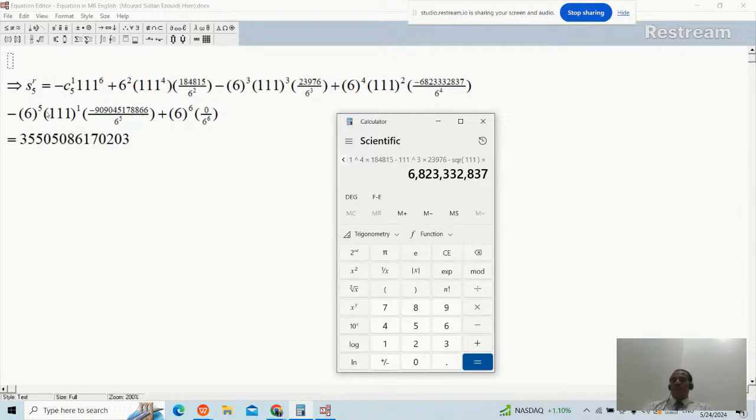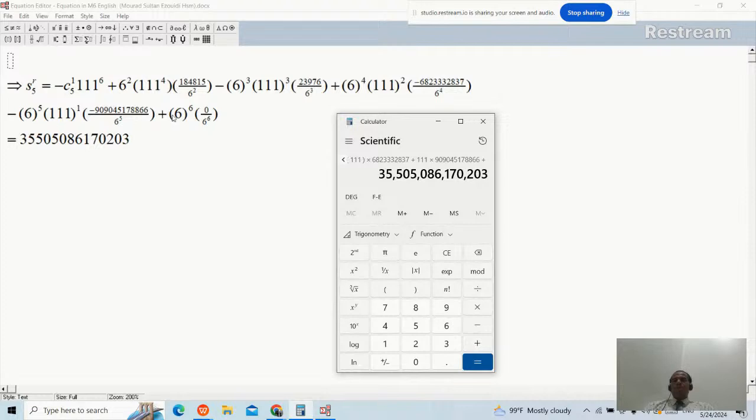But minus multiplied by minus is positive, so I will write a positive sign: 111 times 909,045,178,866.